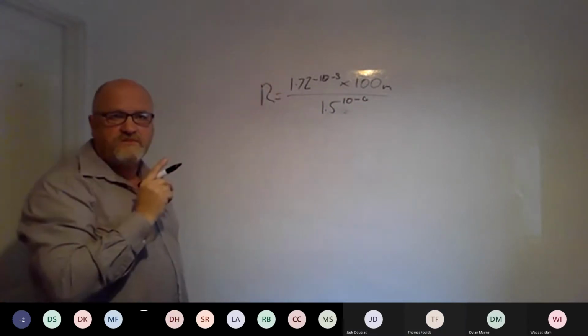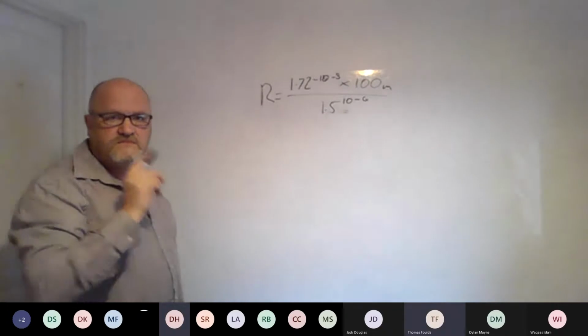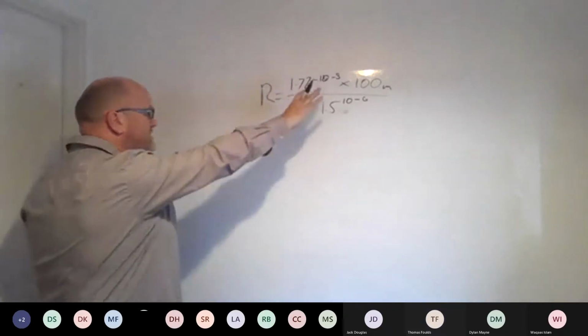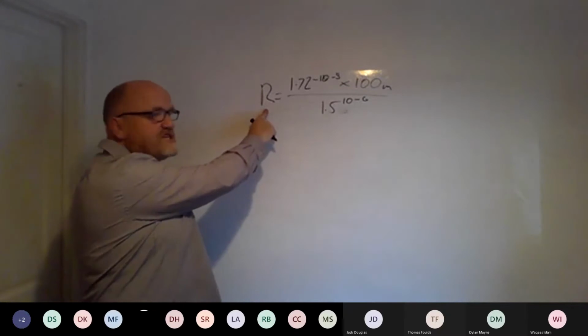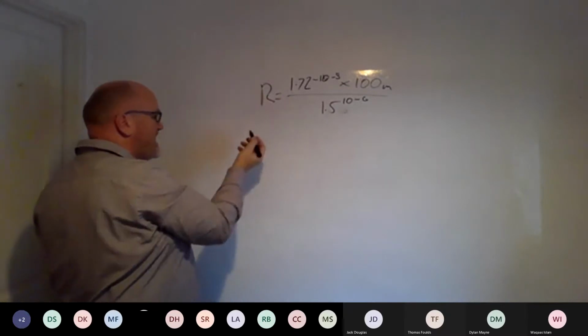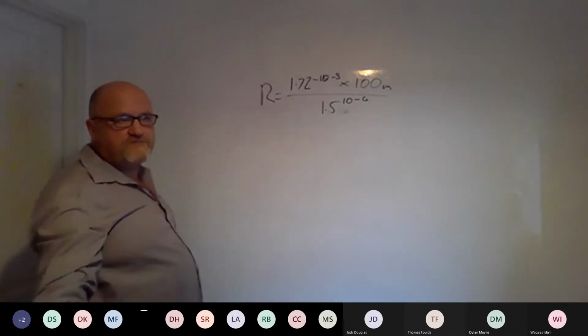Can you all see what I'll put on the board? Don't worry too much if you can't get it perfect, but I'm going to show you how you put it in your calculator. I want to get a resistance reading measured in ohms.